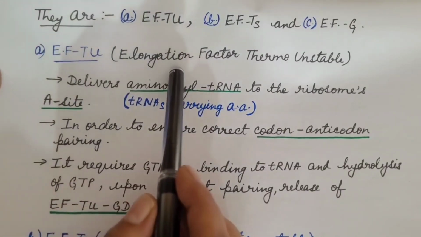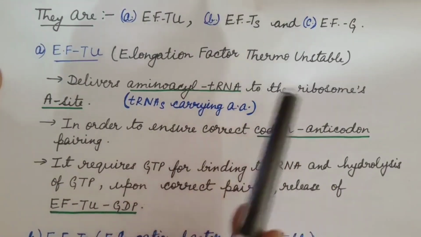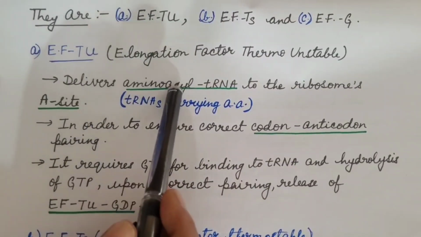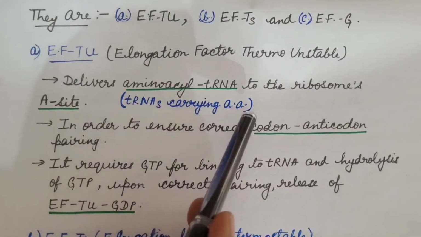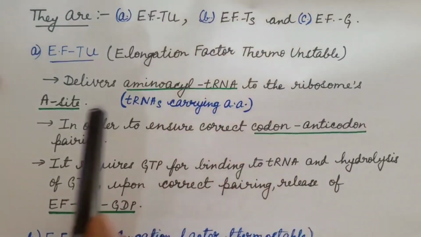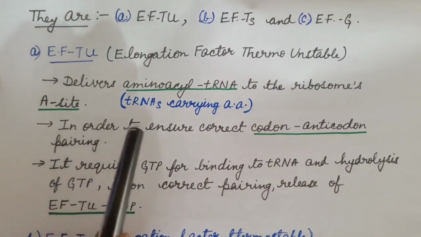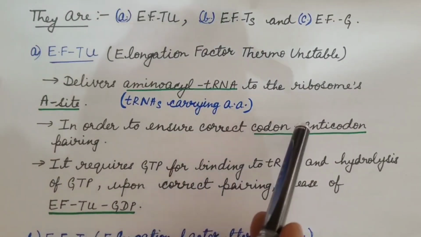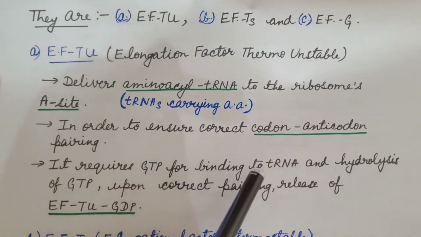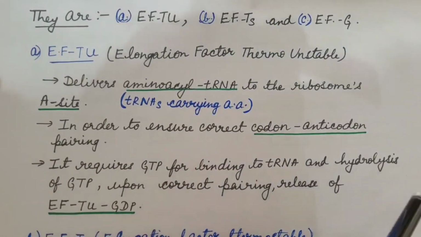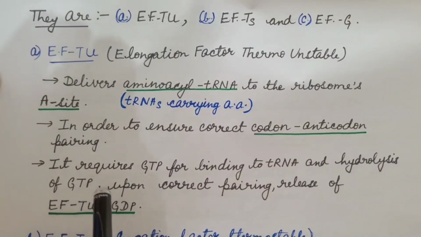EF-Tu, that is elongation factor thermo-unstable. It delivers aminoacyl transfer RNA, that is transfer RNAs carrying amino acid, to the ribosome's A site, in order to ensure correct codon-anticodon pairing. It requires GTP for binding to transfer RNA and hydrolysis of GTP.